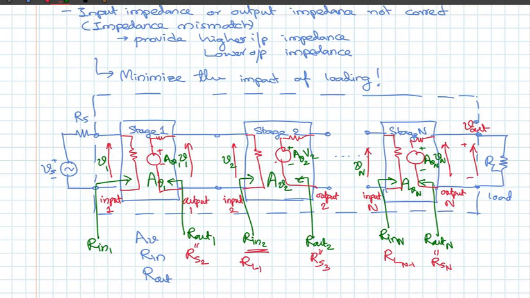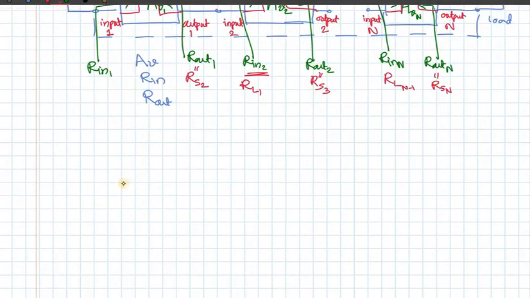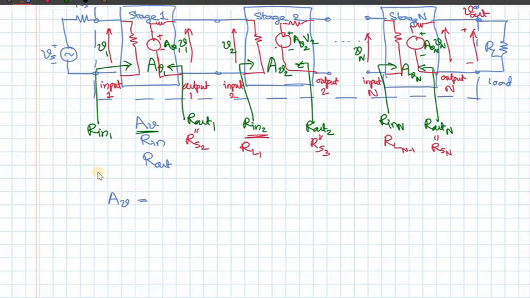So if I want to find my overall gain, for example, that is AV, this value. Okay, what is that? Expression for that, AV will be equal to some multiplication of several terms.